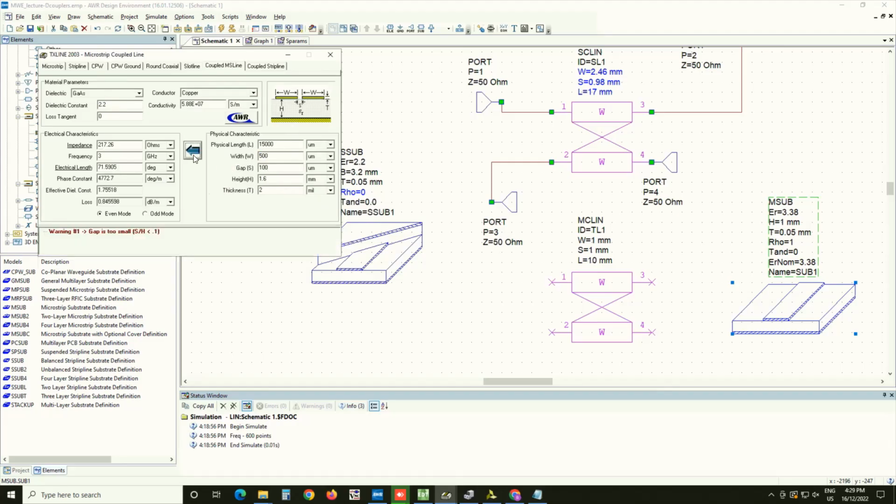I'm just guessing now, just finding the numbers. Okay. Gap is too small. Let's try 500. This needs to be bigger. Okay, even mode impedance is too high right now. Sorry, do I need to increase the width? 92.